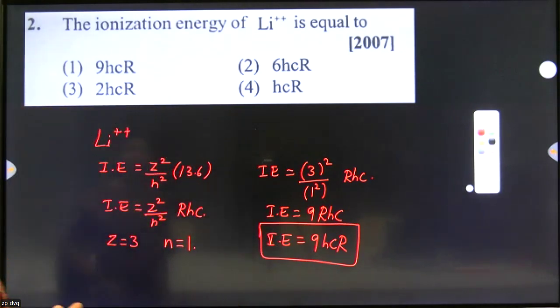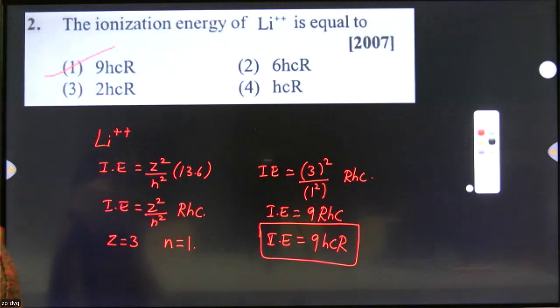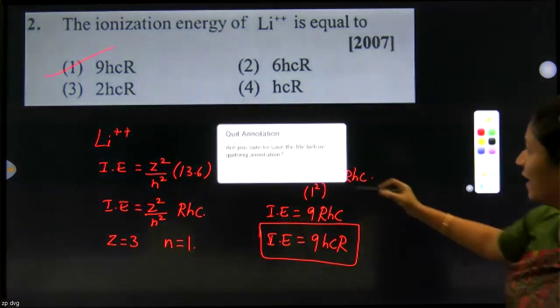Which one is the answer? First one, 9 RHC. The ionization energy of lithium double plus is equal to 9 RHC. Okay, we can move to the next question.